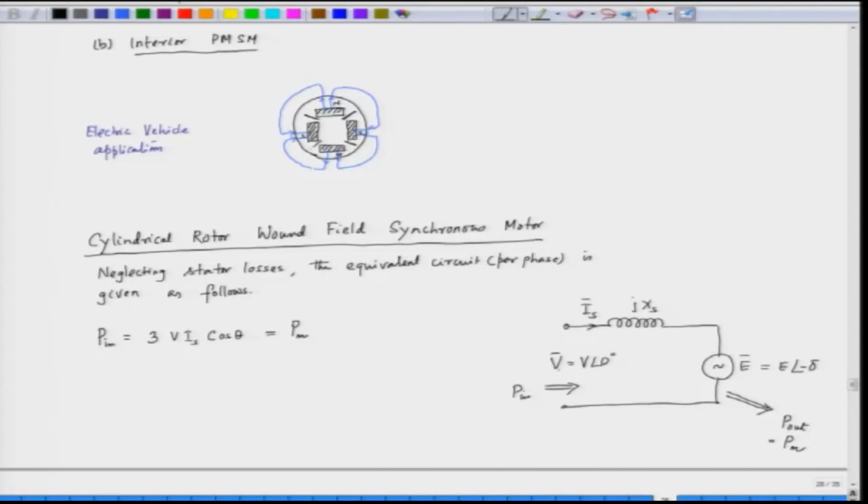Now, we can also draw the phasor diagram for this circuit. When we draw the phasor diagram, we have to write down the vector equation. We have an applied voltage here, and we have the current, and we have the induced EMF.